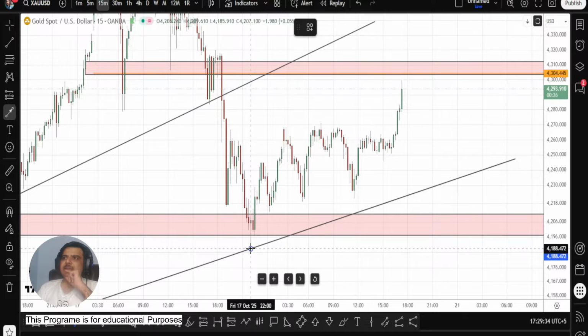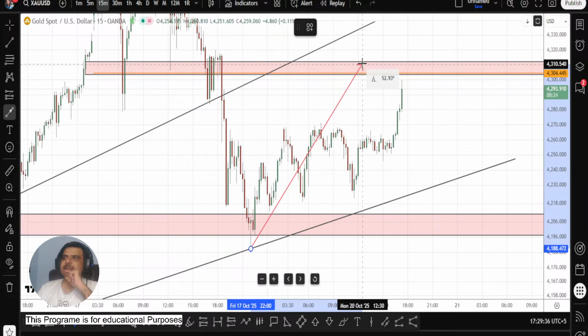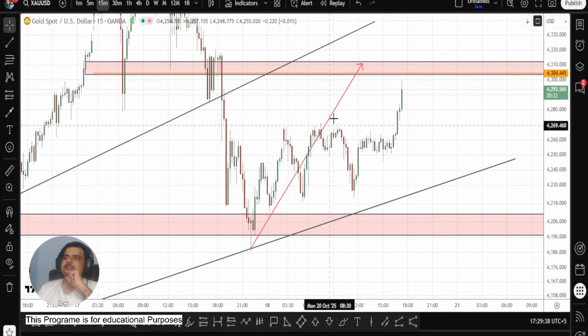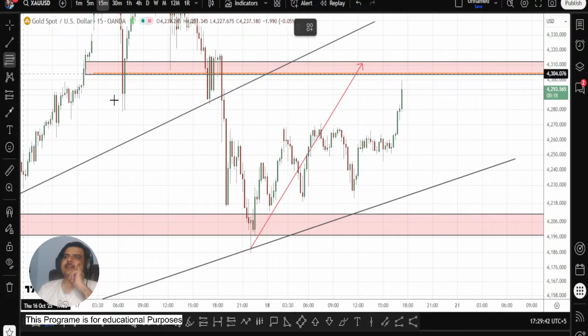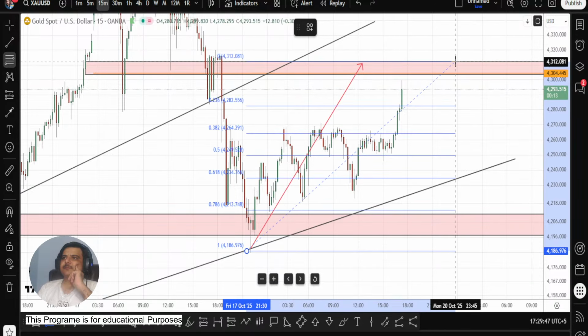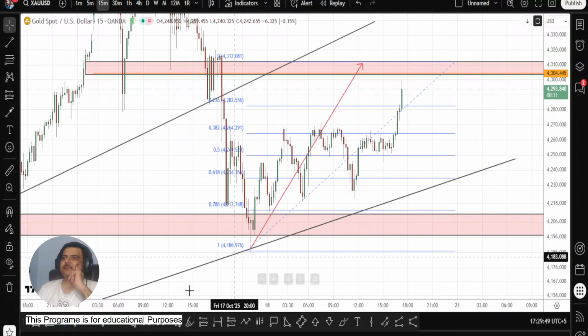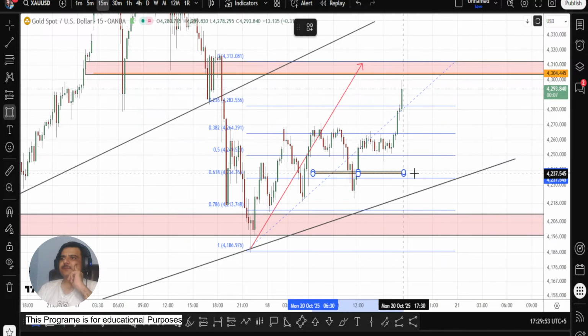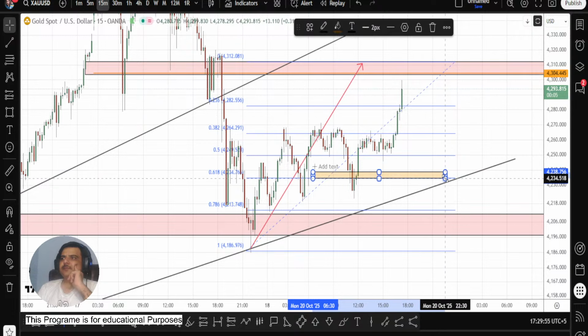The main thing that I want to highlight is that we have got this completion of the impulsive wave, and as per this, there will be a Fibonacci number that comes near 40 to 30 somewhere.